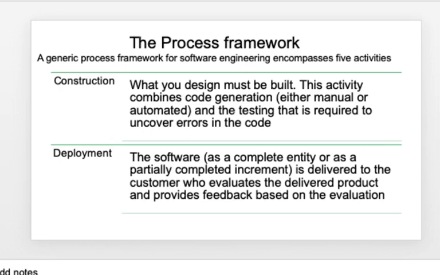You can fully automate tests, or you can semi-automate, or you can do manual testing as well. And the last one is called deployment. Deployment basically gets a complete software delivered to the customer, who will evaluate the product and provide sufficient feedback based on the evaluation.